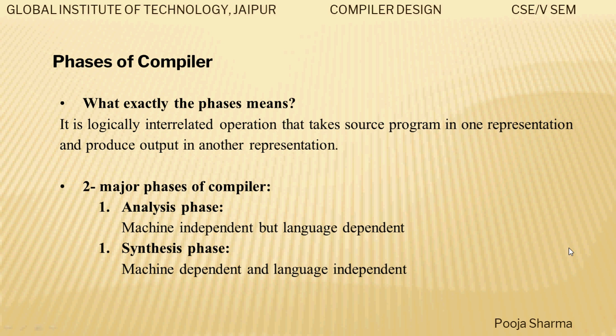So from this, what we understand is that the analysis phase is concentrated only on language, whereas the synthesis phase concentrates on machine level language. Now let's see what are the different phases present in the compiler.